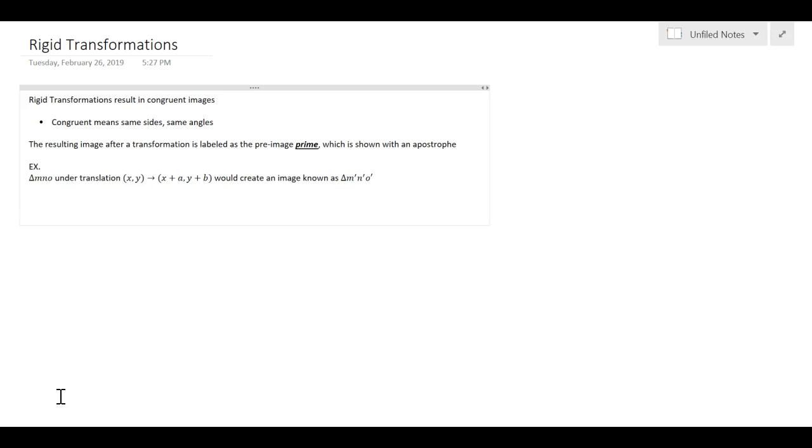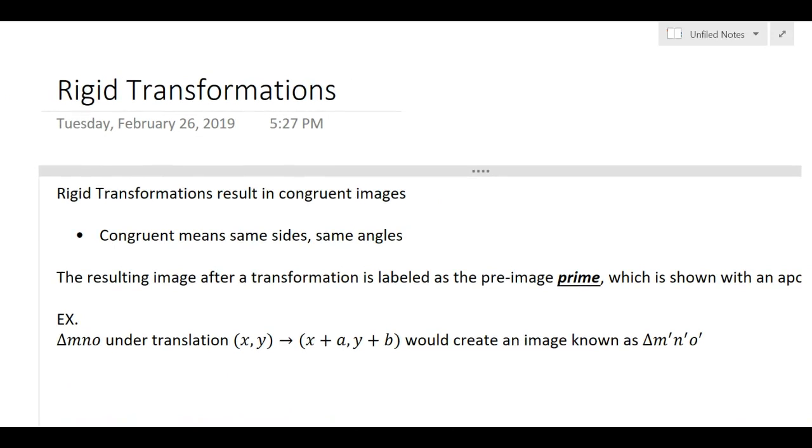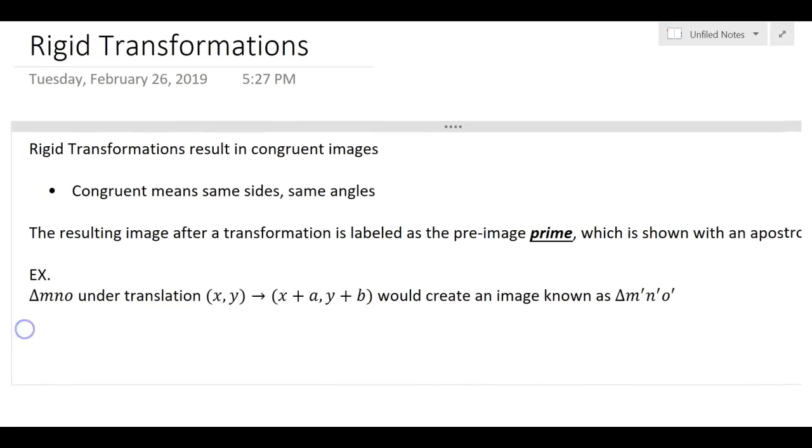They're sometimes going to be a little tougher to visualize, so hopefully this will be helpful for you to come back and review. To begin, though, we need to start by talking about what is a rigid transformation. A rigid transformation is any transformation, meaning any changing of an image, be it any shape.